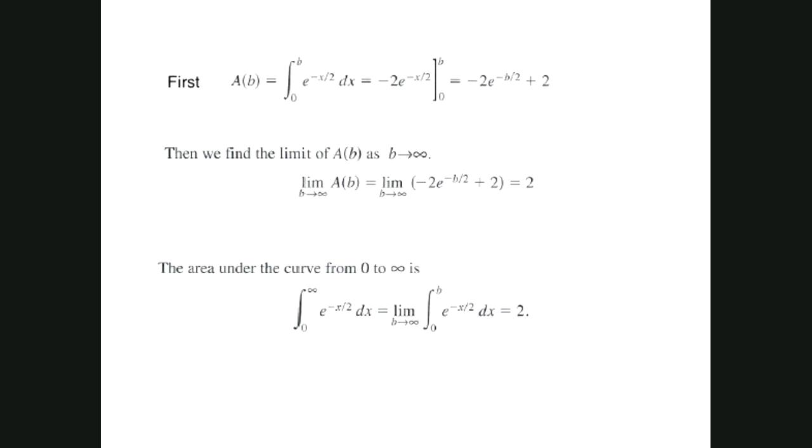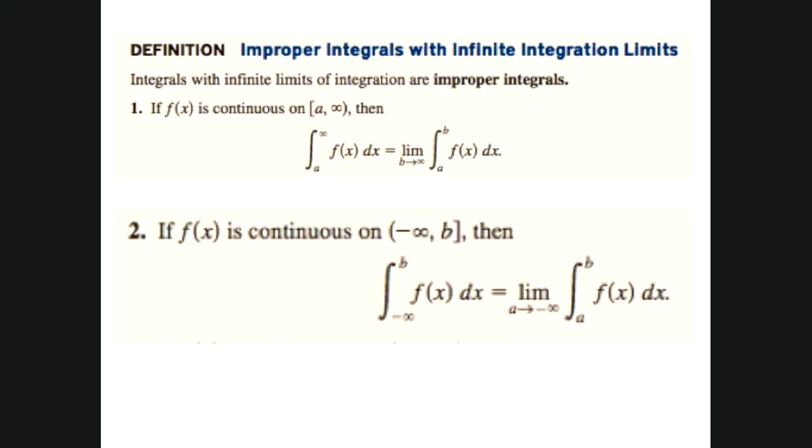And we're going to have to use some of the rules that we learned a couple weeks ago about taking integrals also. But here are the rules here. If we're going to find improper integrals with infinite limits, that means you're going to go to infinity here.